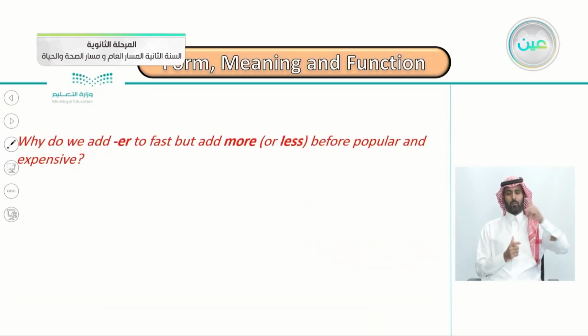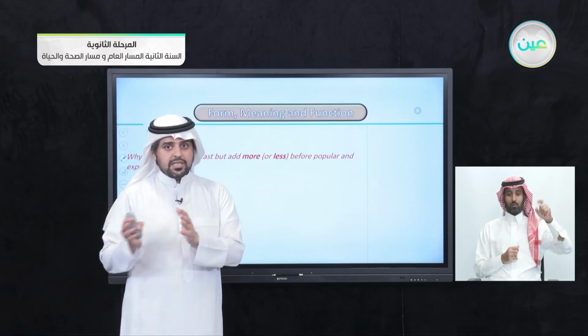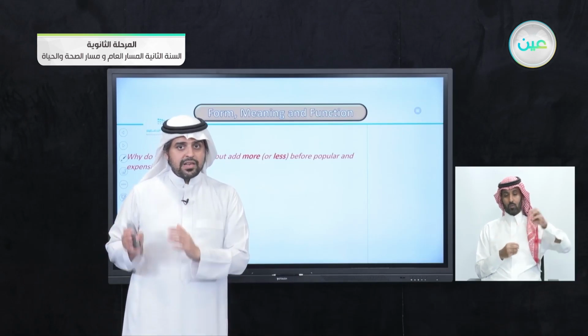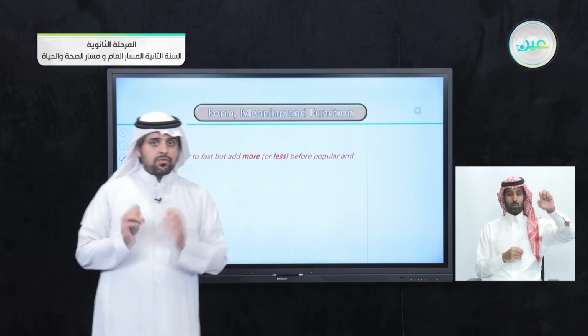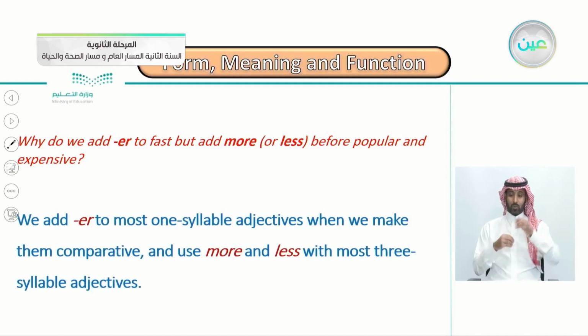Why do we add er to fast, but we say more or less before popular and expensive? When we were talking about the adjective fast, we added er. But when we said popular and expensive, we added more or less. Why do we do that? So let's answer here. We add er to most one-syllable adjectives.